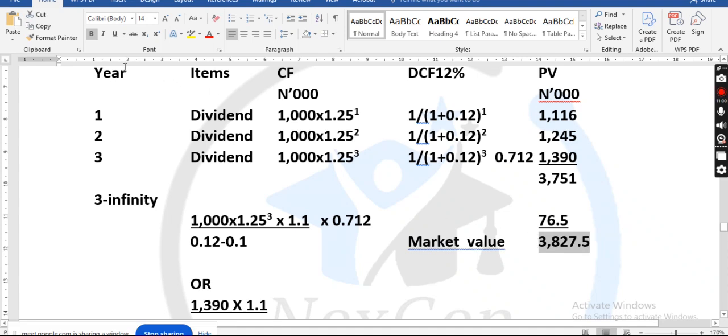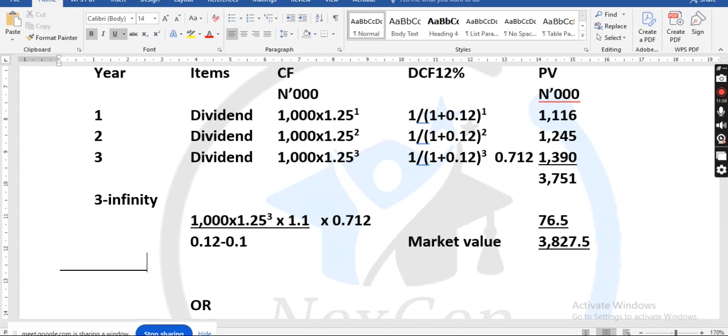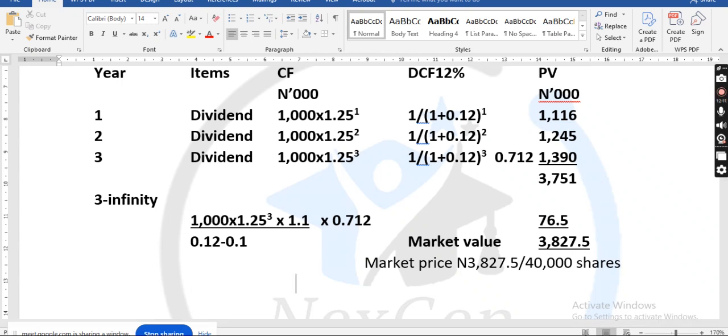This is the value of the business. However, if you want to get the market price, just divide it by the number of shares, class. Market price equals 3827.5 divided by the number of shares, which is 40,000 shares.